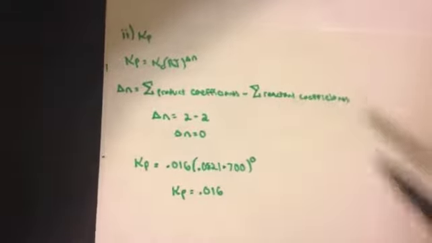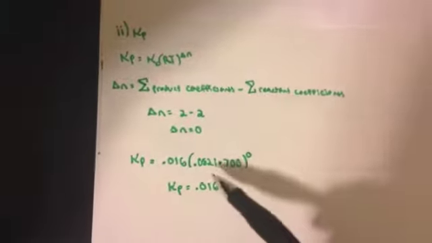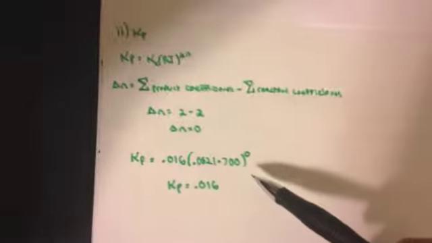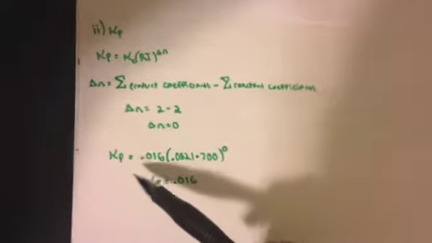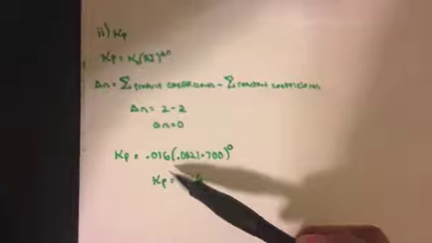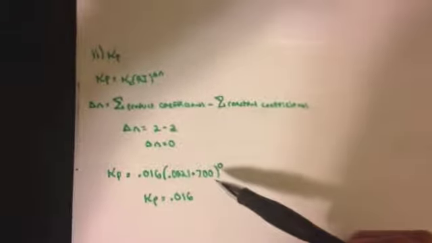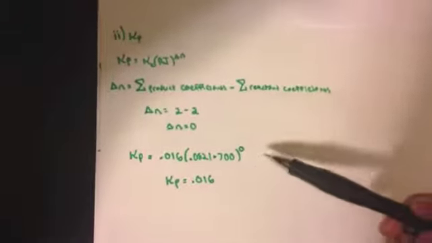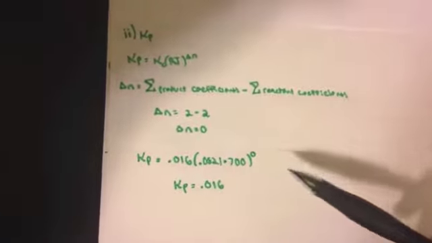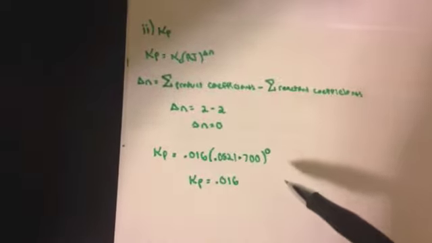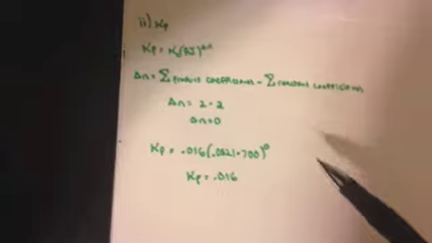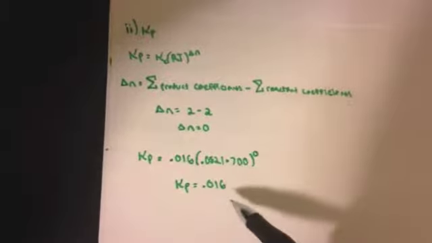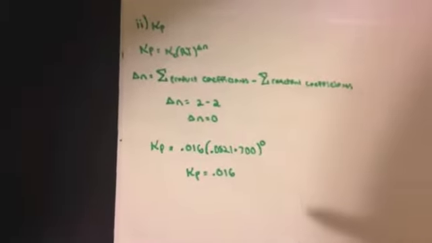So we plug in Kc and we plug in the Kelvin temperature, and we get Kp is equal to 0.016 times (0.0821 times 700 Kelvin) to the 0 power. So the 0 power makes (0.0821 times 700) equal to 1, so Kp is equal to 0.016, so Kp and Kc are equal to each other.